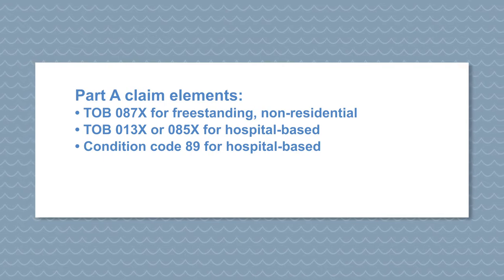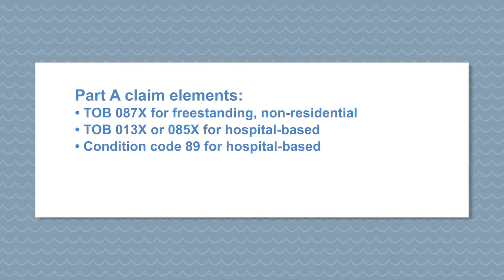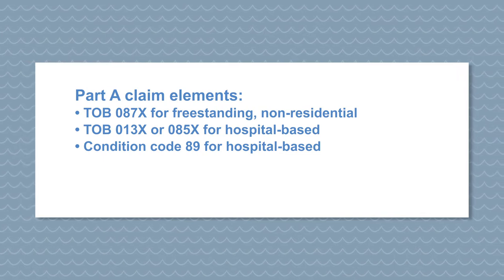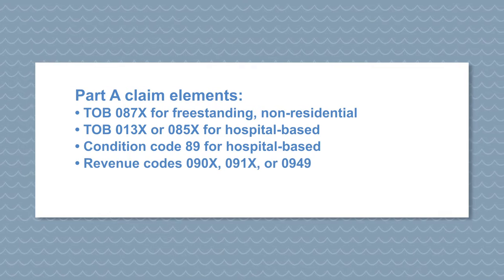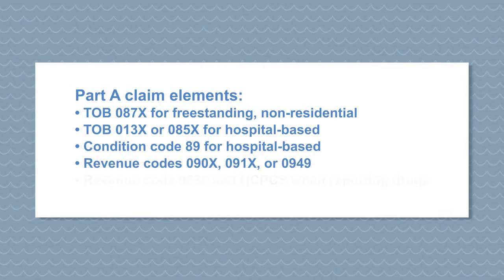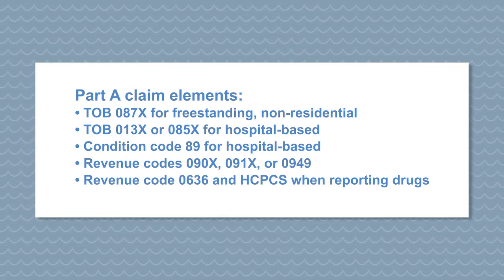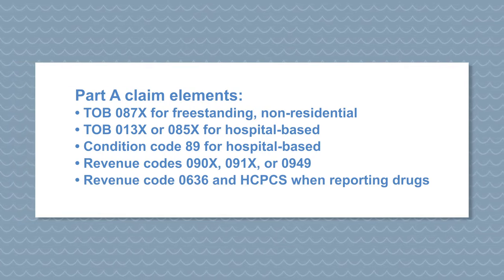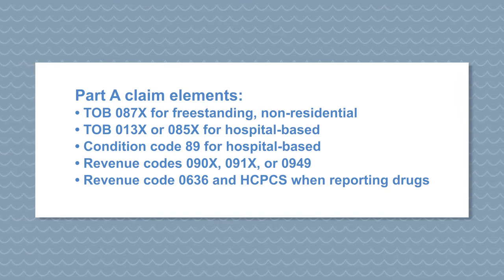Hospital-based OTPs must include this condition code to communicate that they are billing for OTP services. And last are revenue codes. This includes 90X, 91X, or 949 for OTP services. You should also include revenue code 0636 when you need to report drugs. The revenue code 0636 also requires a HCPCS code to be submitted with it.